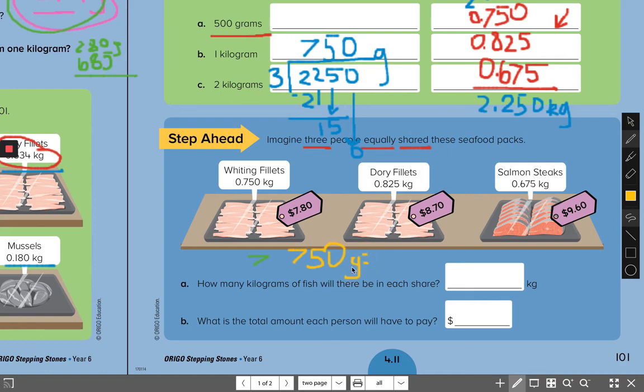Now, how do we do that? We are pretending there's a decimal point in there, and now we just have to shift it backwards because we're dividing by 1000. So we go 1, 2, 3. Our decimal point is going to be there, and it's going to be 0.750 kilograms, or you actually don't have to write the 0, it will be the same.